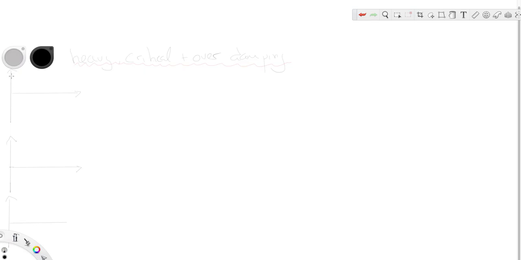Let's imagine we take the pendulum and we start our time at a maximum displacement, at the amplitude. And so heavy damping would look like that, maybe.